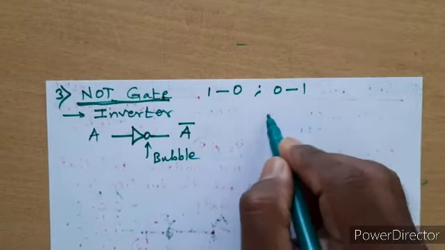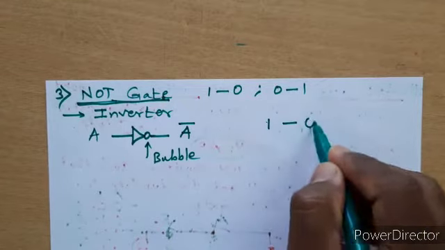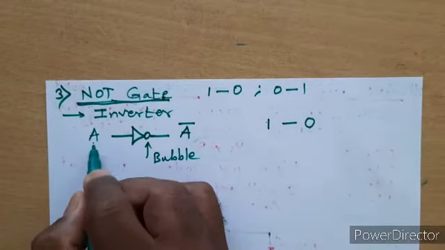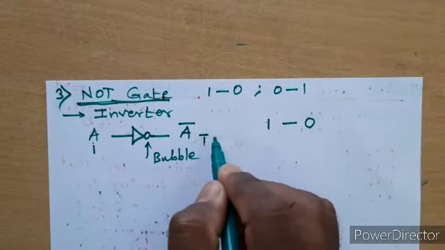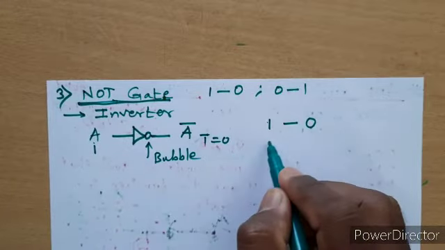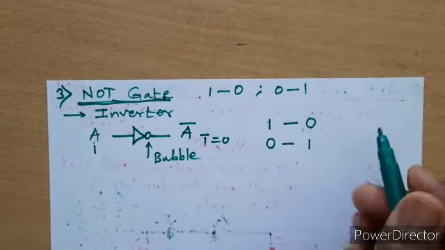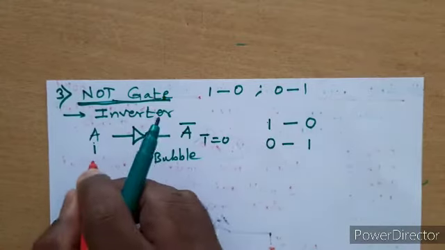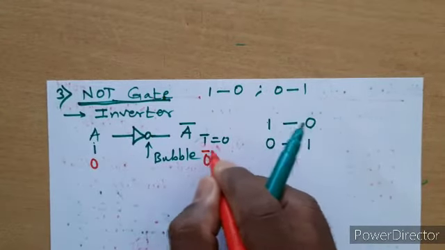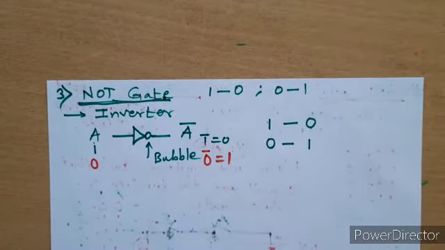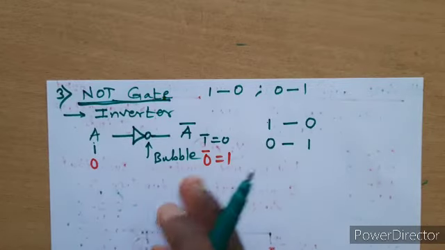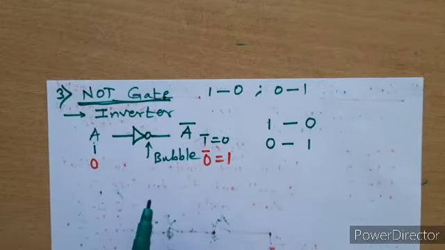If you provide 1, 1 bar means 0, and if you provide 0, 0 bar means 1. So it simply inverts the input to the opposite case.